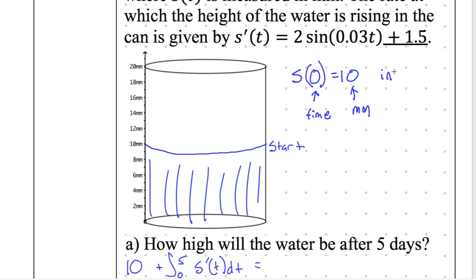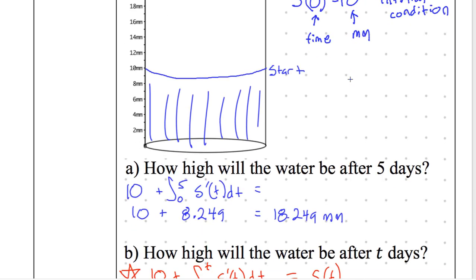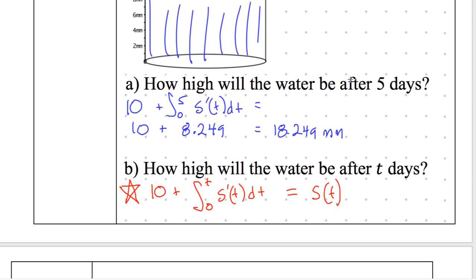So that's your initial condition. And as Ben said, the way to think about that is your constant of integration, that they are telling you, hey, that C at the very end when you take the integral is actually 10.